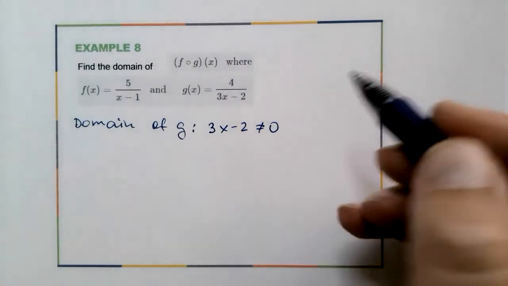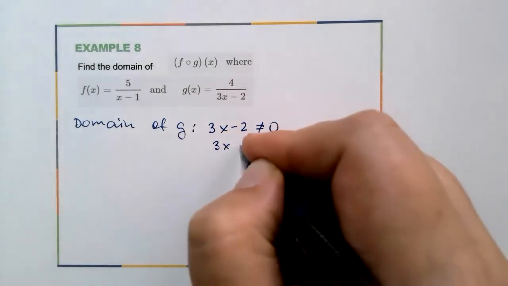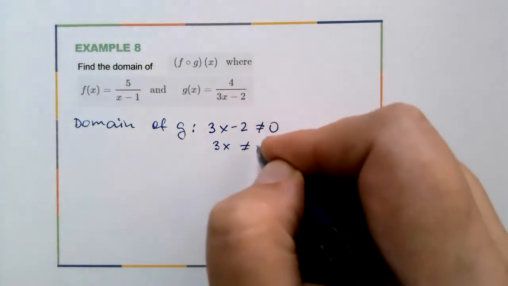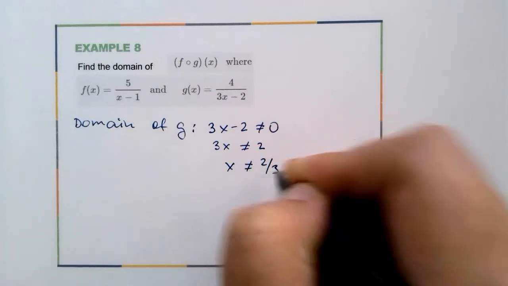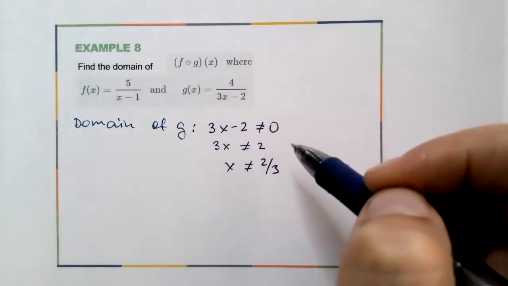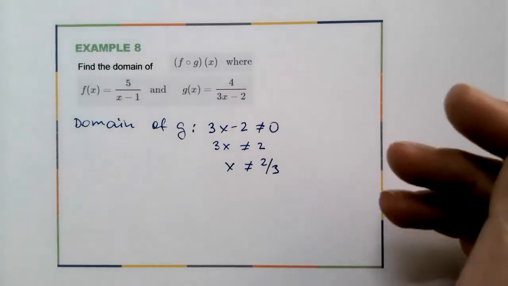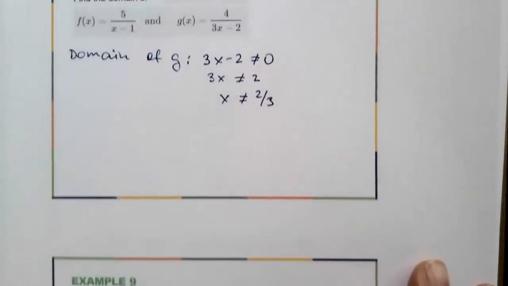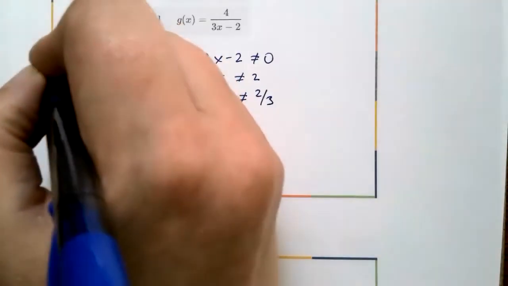When we solve this inequality, we add 2 to both sides, and we have 3x is not equal to 2, so x is not equal to 2/3. So the domain of g is all of the x values except when x equals 2/3.